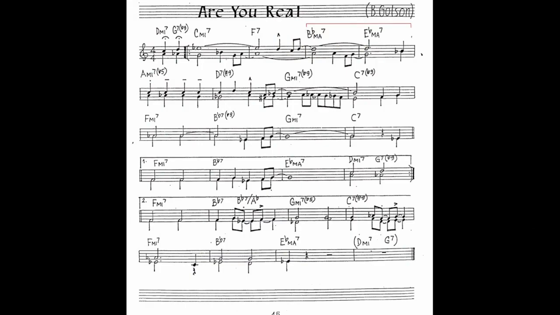You will see that it's basically the same, almost identical, same 8 measures as in Autumn Leaves. Then he goes to C7. But basically, he goes to G minor, just like in Autumn Leaves. So there you have it.